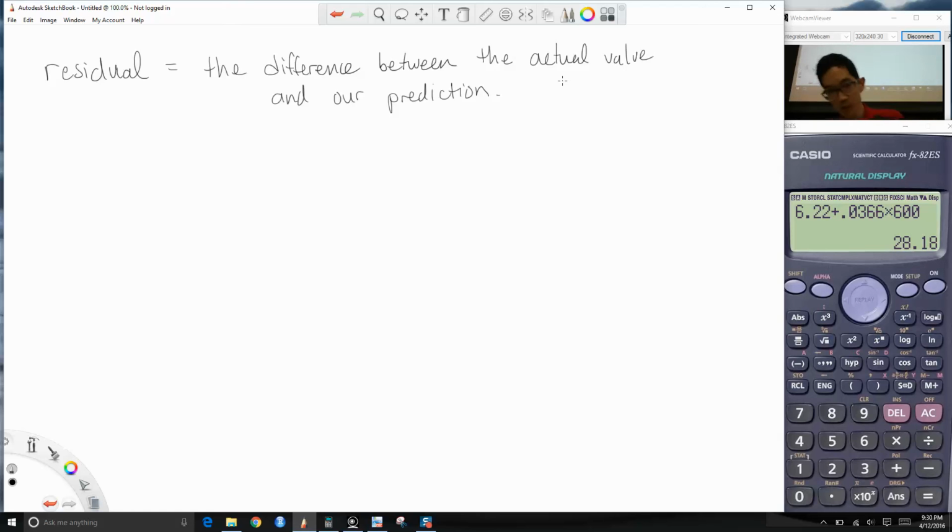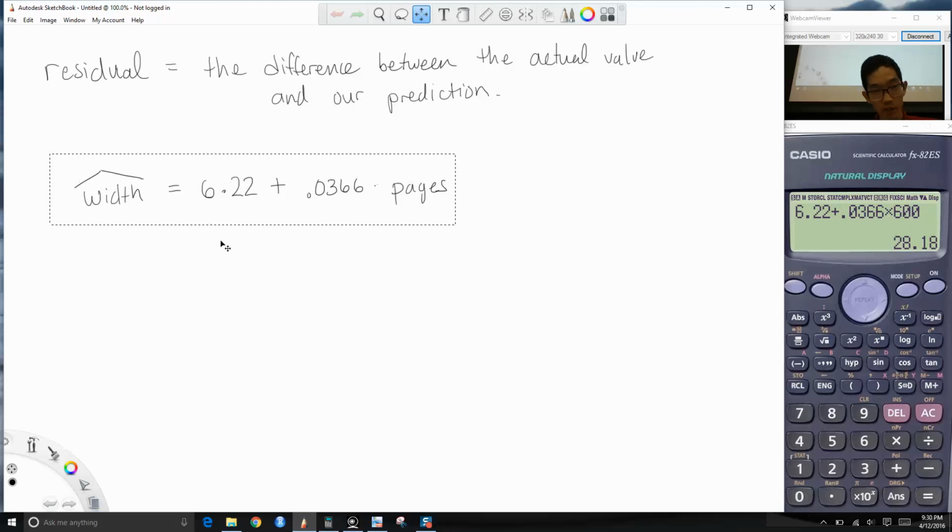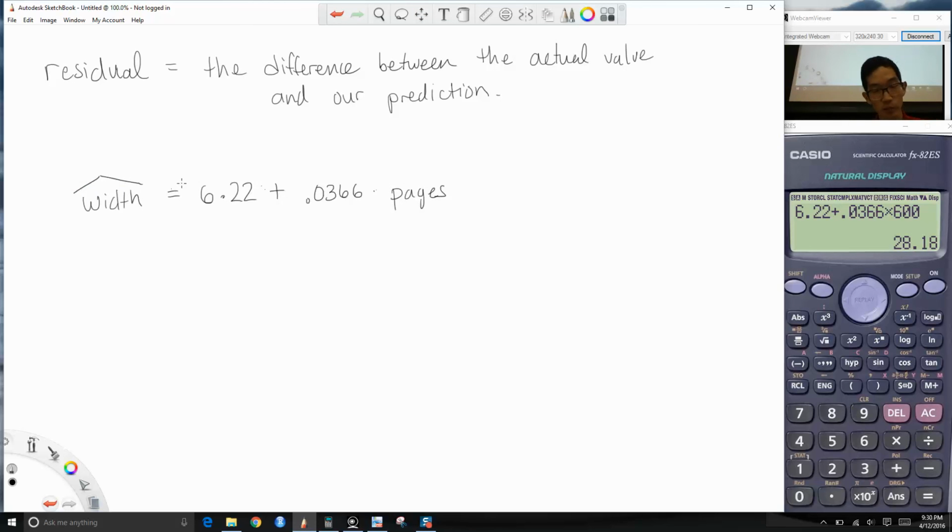This is a topic that's not covered in the textbook for whatever reason, but I think it's still very important. Let's say we're using our regression line for width based on pages. So this is our prediction equation.